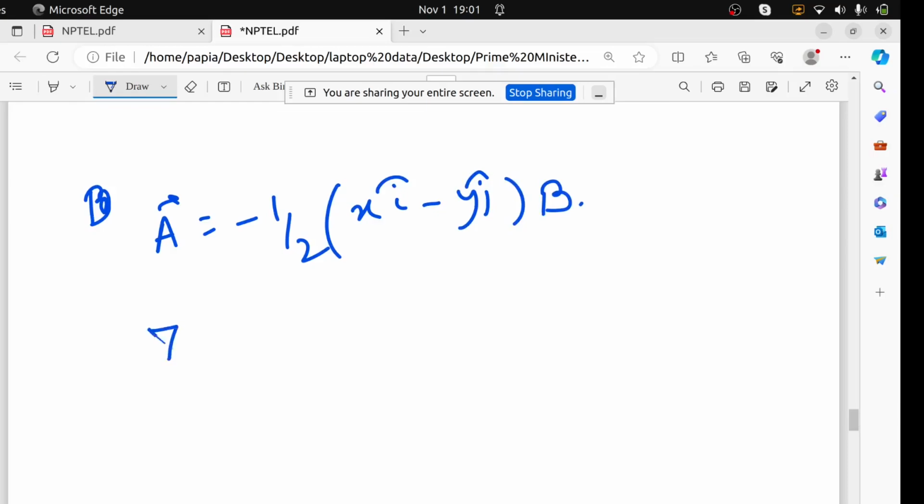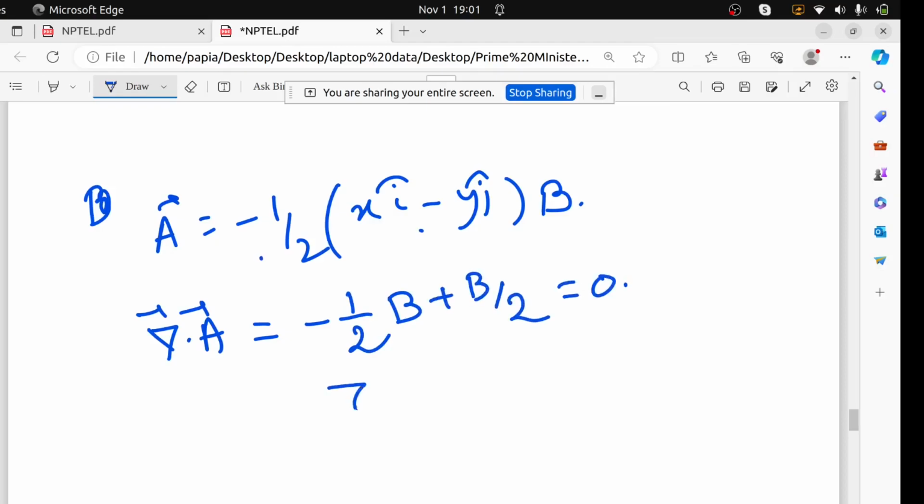So now just quickly tell me what will be the value of divergence of A for that case? 0. Okay, so divergence of A, that means minus 1 by 2 into B, minus plus B by 2. It is giving 0. Now you can see that divergence of A is giving us 0. That means that can be the correct one.